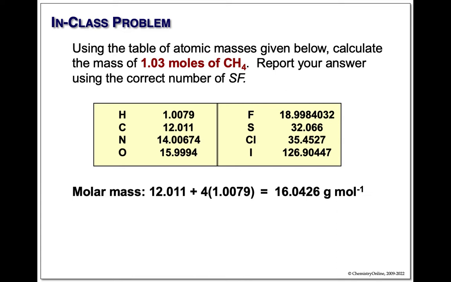All right, so we're looking for mass. That's the thing we're trying to find. We know we have 1.03 moles, and this is going to be our ratio. Multiply the given by the ratio with moles in our denominator.